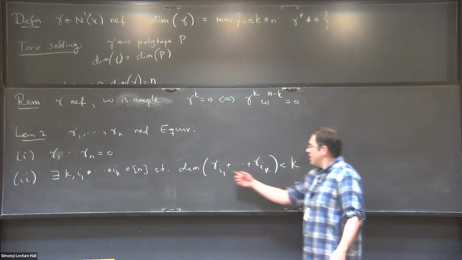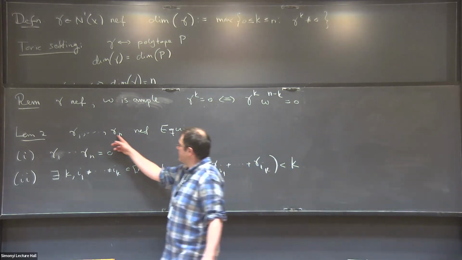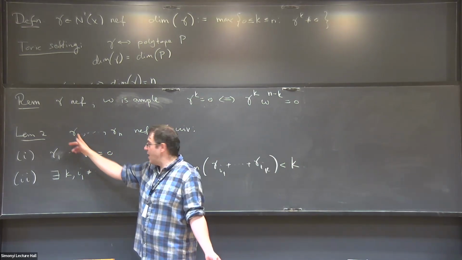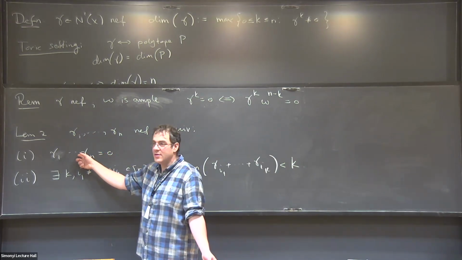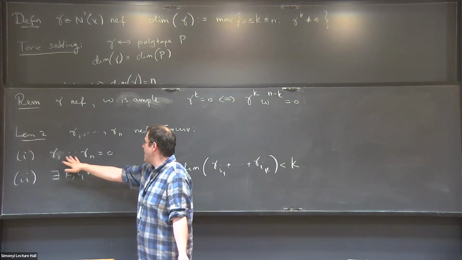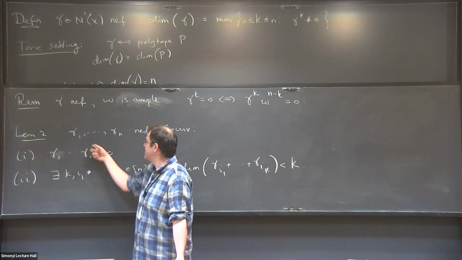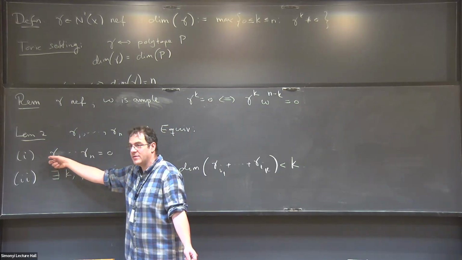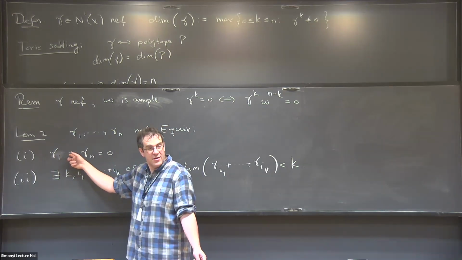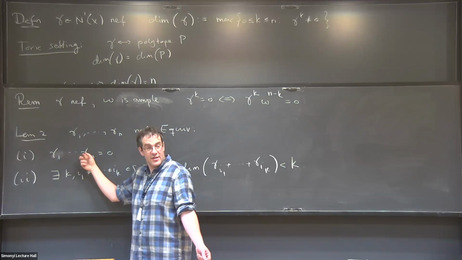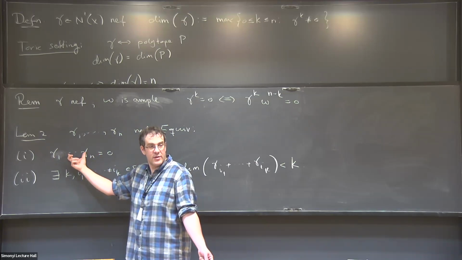For example, if you take the sum of all of these and their dimension is less than n, it should be obvious that this is 0, because all of them are positive, so this intersection number is less than the sum of them to the power n. So if the sum of these is not big, then obviously this is 0.